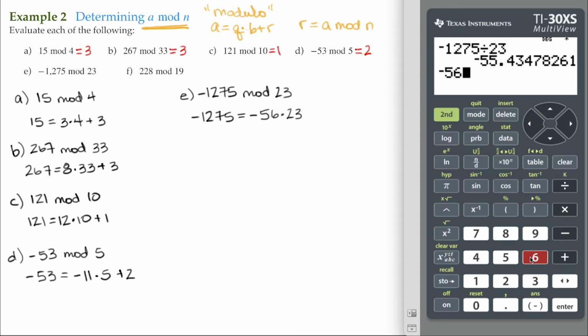And negative 56 times 23 is negative 1,288. So if I add 13 more, negative 1,275 is equal to negative 56 times 23 plus 13. So that's the remainder, the 13. So negative 1,275 modulo 23 is 13.